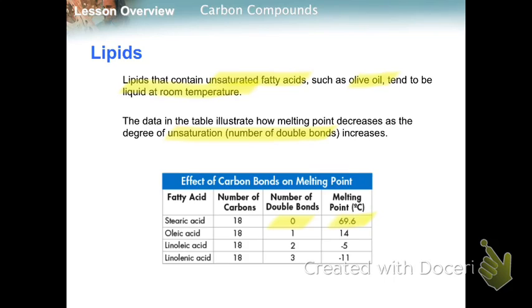Oleic acid has 1 double bond, now it's 14 degrees Celsius. Linoleic acid has 2 double bonds, minus 5 degrees Celsius is the melting point, where it turns from a solid to a liquid. And then linolenic acid has 3 double bonds, now the melting point is minus 11 degrees Celsius, where it turns from a solid to a liquid.